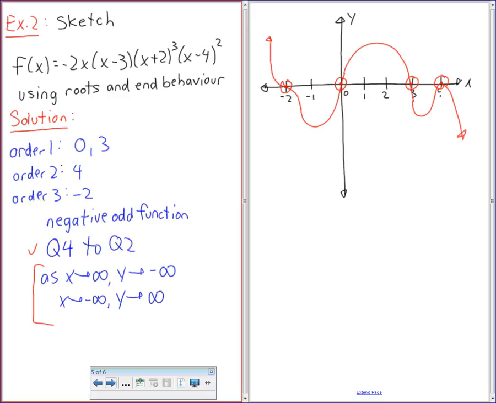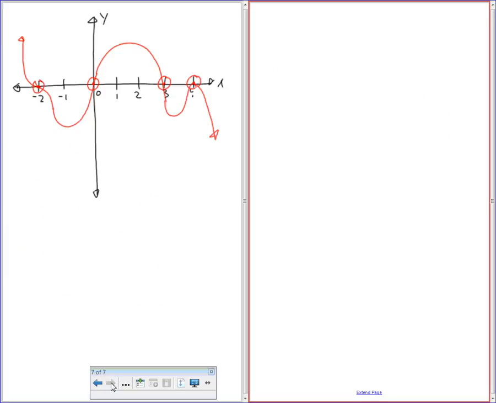Okay, ready? Example 3? Yes, here we go, example 3. Find the equation.